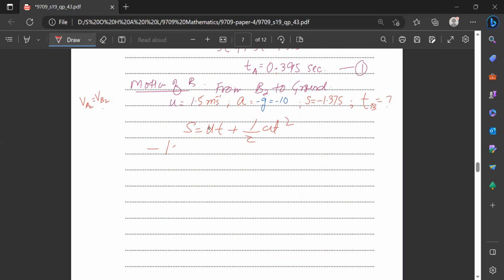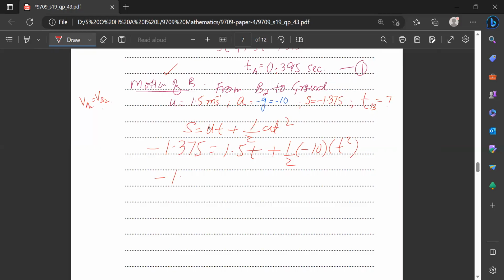S is minus 1.375. So it's a very special technique. 1.5 into T, keeping in mind that this is for B, plus half into a, which is minus 10 because initially it was moving in the upper direction.